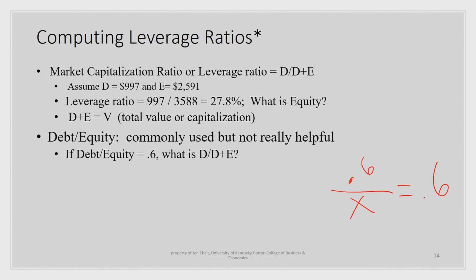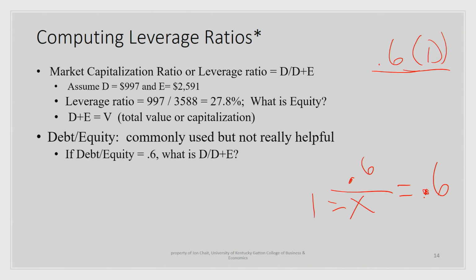So if we were solving for X without doing any complex math, what number will satisfy this equation? You can see this is a 0.6. Well, the number 1. So equity in this equation equals 1. Now when we want to do debt plus equity, we have 0.6, that's debt.